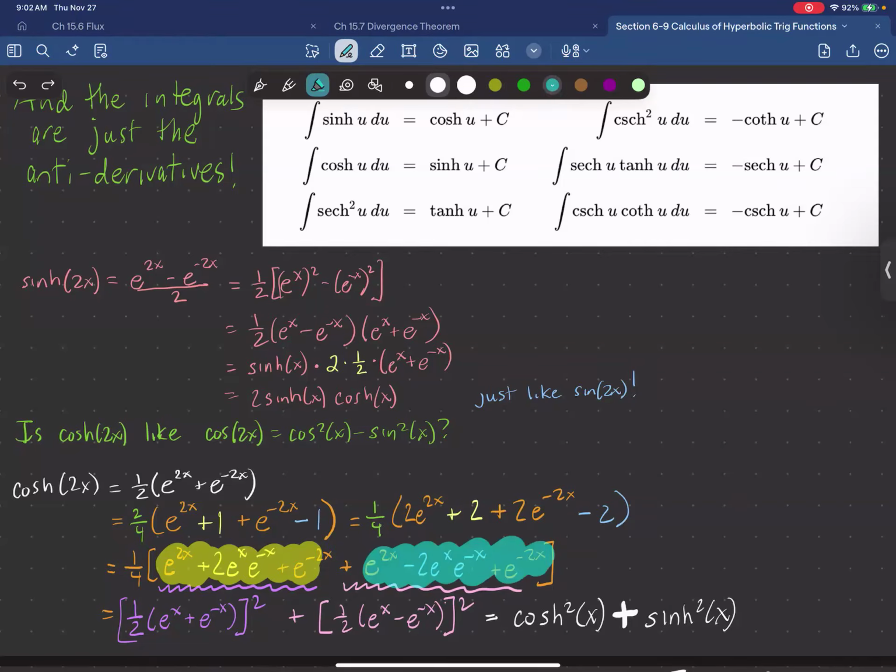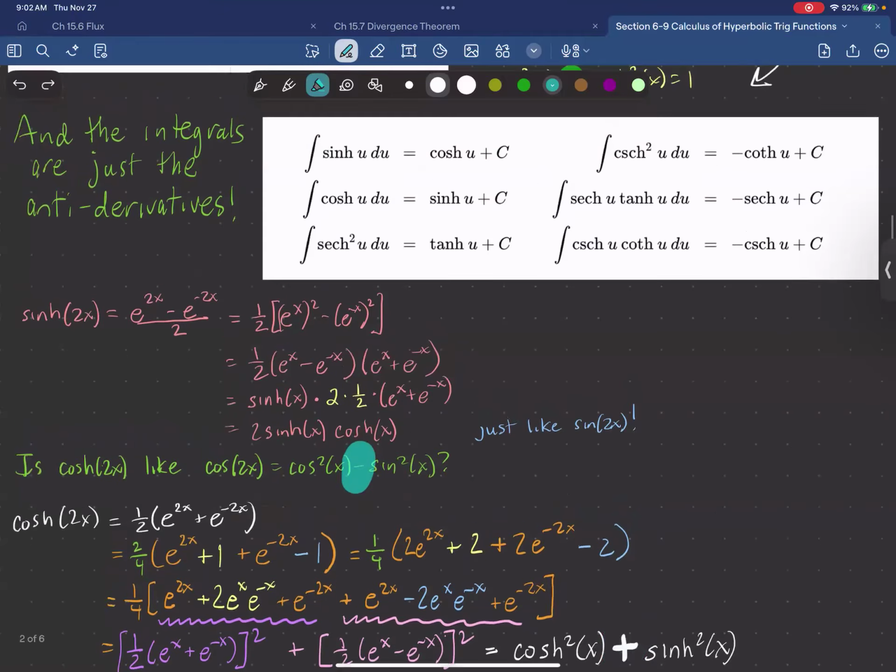This set is that one. With the 1/4, of course. And when we work it out, we see that hyperbolic cosine 2x actually equals hyperbolic cosine squared plus hyperbolic sine squared. So it's slightly different. It doesn't have the negative sign. You know, we had a negative here, and here it's a positive, slightly different.